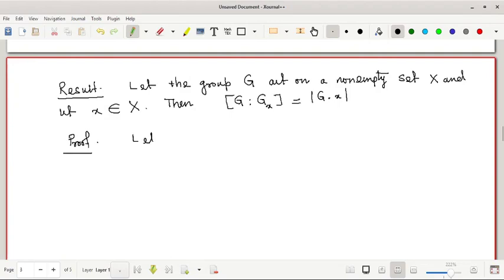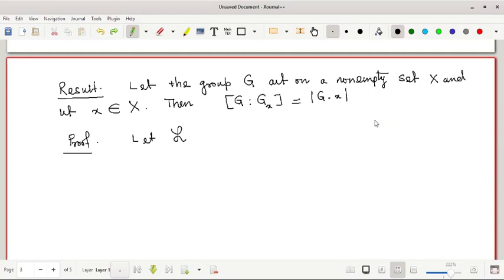Let script L be the set of all distinct left cosets of Gx in G. I am not taking right cosets because always one x is there, it will create problem. So let us consider left cosets. Let us not write in this way, because I require only the distinct left cosets.